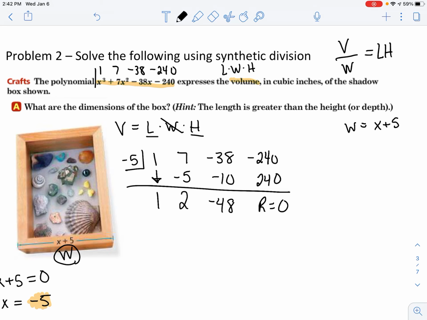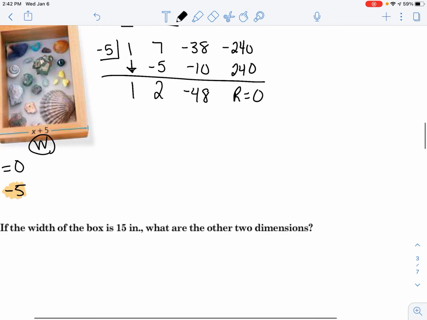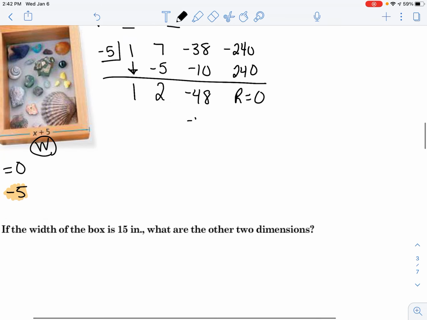Now the fact that we have a remainder of 0 is really good, because if we didn't have a remainder of 0, then the width wouldn't be a factor of the volume, and that would be bad. So we got a remainder of 0, so thumbs up on that. The minus 48 is the constant. The 2 is the linear portion, and the 1 is the quadratic portion.